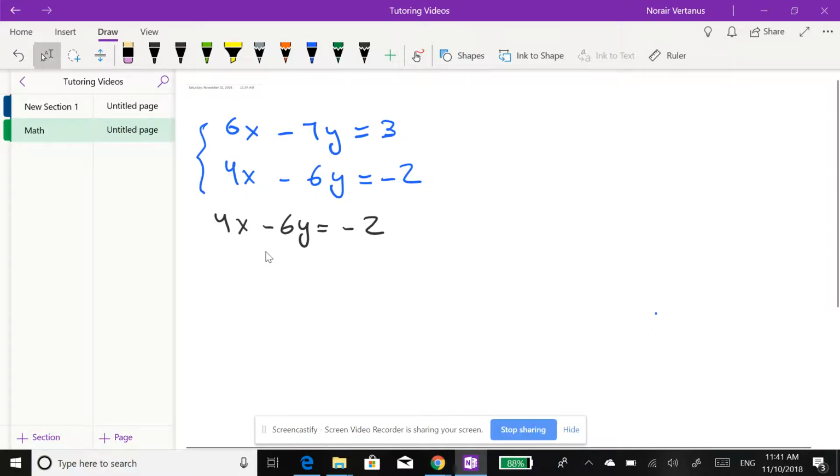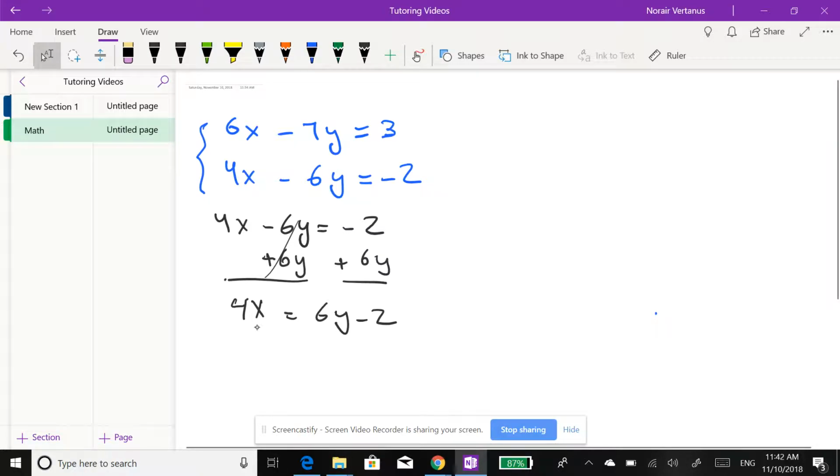To solve for x, I'm going to get rid of this negative 6y by adding 6y to both sides of the equation. This cancels. So what's left? 4x equal to 6y minus 2.